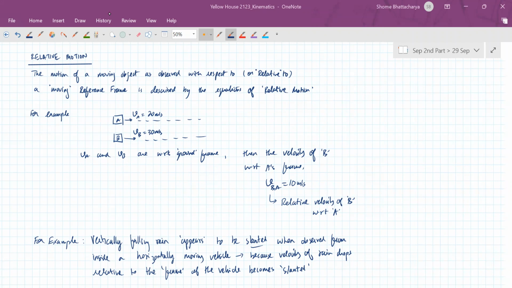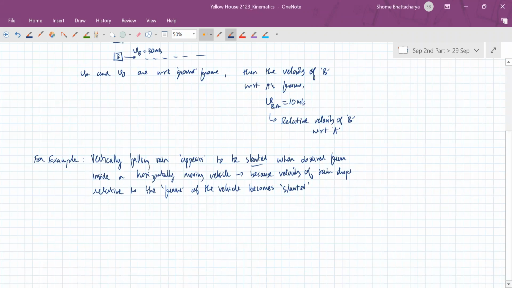We'll define what is the meaning of relative position, what is the meaning of relative velocity, etc. And when we say we'll define these, they will be proper vector definitions for general 3D motion.